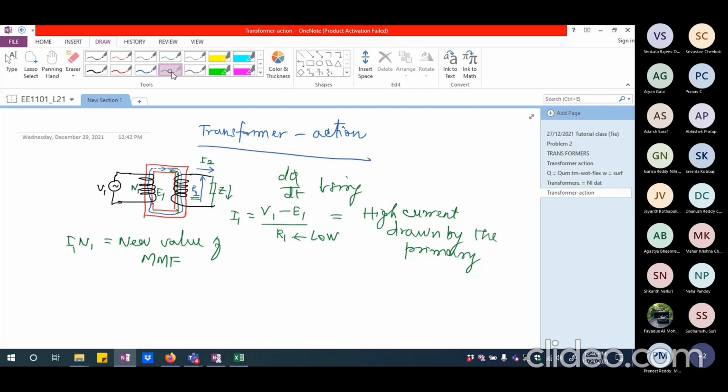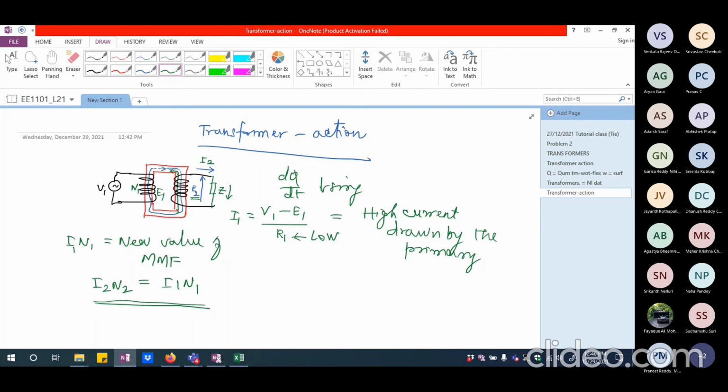The MMF that caused the reduction in the flux was I2N2. So I1N1, the increase in the MMF provided by the primary, should be equal to I2N2, so that they nullify each other and the original flux is undisturbed.